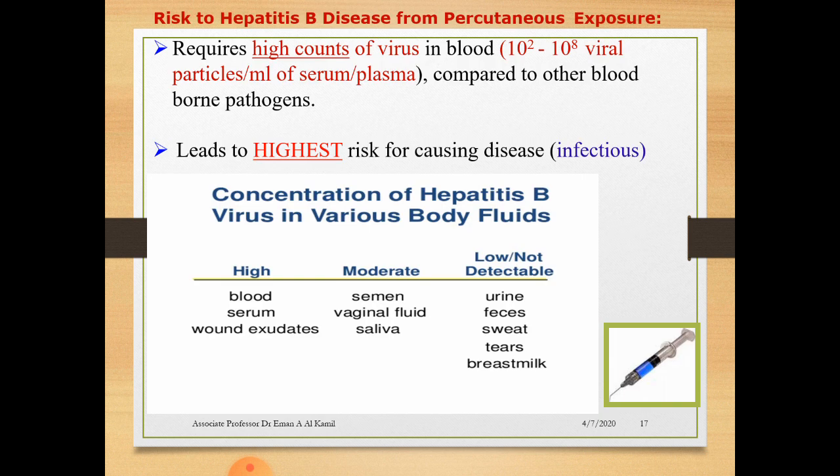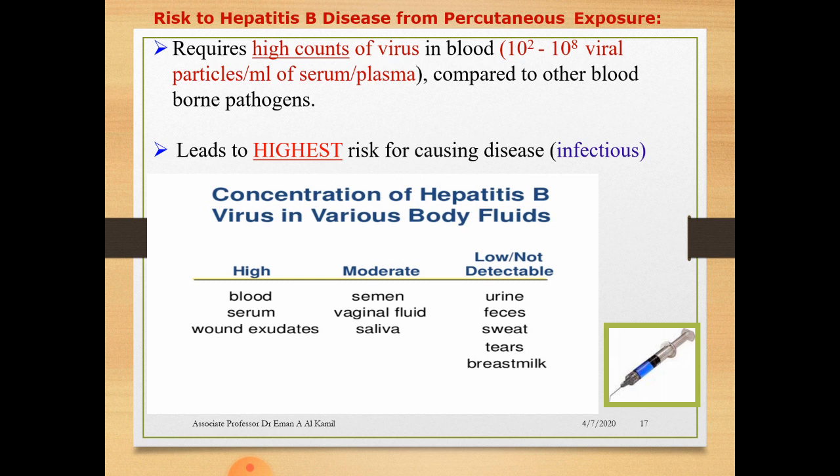The risk of hepatitis increases from percutaneous exposure. It requires a high amount of the virus in the blood, in the amount of 10 to the power 2 up to 10 to the power 8 viral particles per ml of serum or plasma compared to other blood-borne viruses. So it is the highest risk for causing the disease, and it is highly infectious.